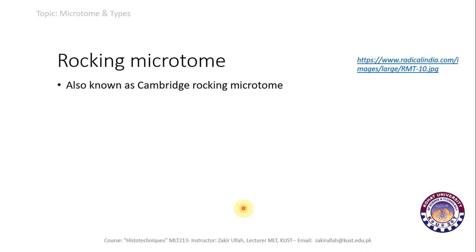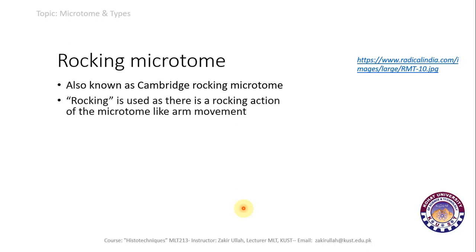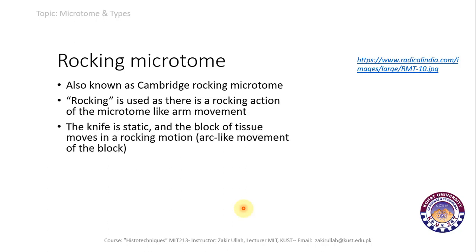The next one is the rocking microtome. It is also known as the Cambridge rocking microtome. The term rocking is used as there is a rocking action of the microtome, like an arm movement.